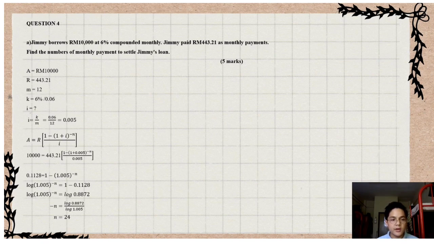Lastly, we need to find i. The formula is i equals k over m. We just insert 0.06 over 12, then we get 0.005.